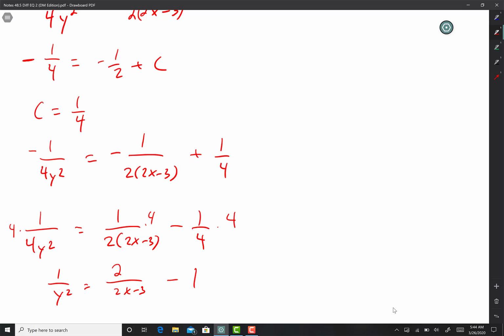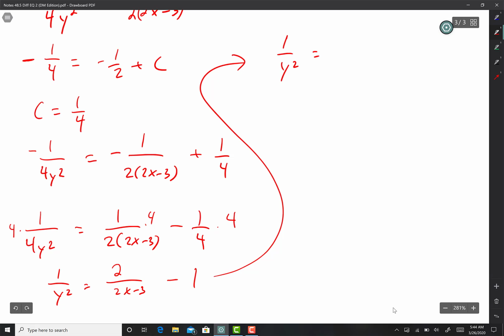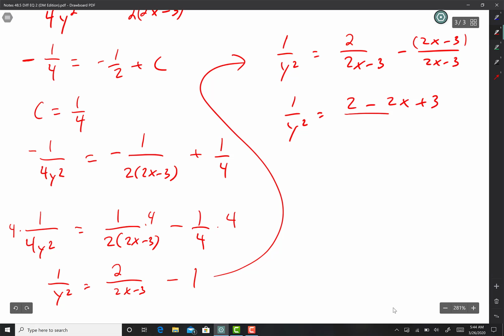And so what I'm going to do is common denominator here, guys. So I'm going to go 1 over y squared equals 2 over 2x minus 3 minus 2x minus 3 over 2x minus 3. And then from there, since the denominator is already the same, 1 over y squared equals 2 minus 2x plus 3, because I distributed the negative there, all over 2x minus 3.